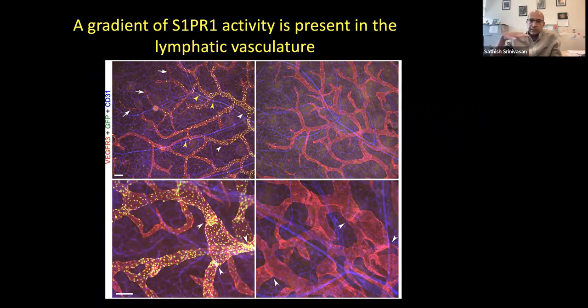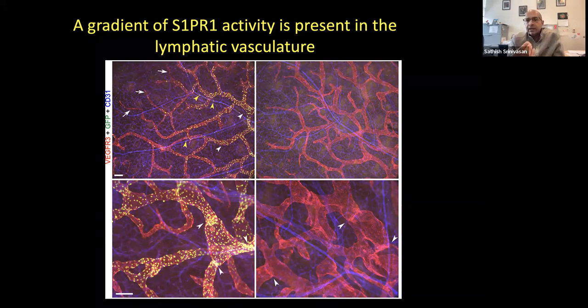So the vessels which are growing fast are devoid of S1PR1 activity, but the vessels which are more mature, which are becoming quiescent and not proliferating or branching so much, have very strong GFP expression. And GFP is also expressed in the developing lymphatic valve of this embryo.